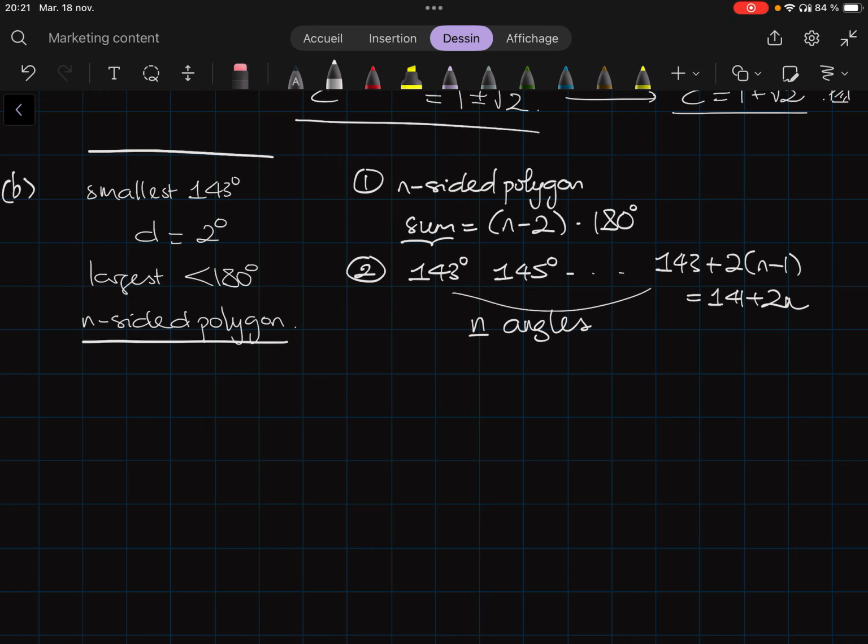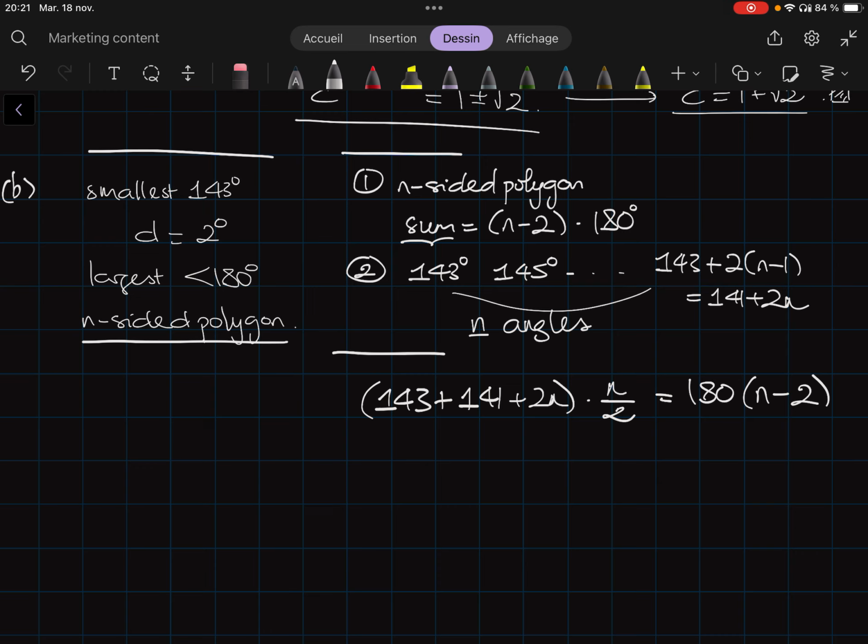From this information, you can then deduce the equation. So, first term plus last term times the number of terms divided by 2 is equal to the equation you would obtain from 1.